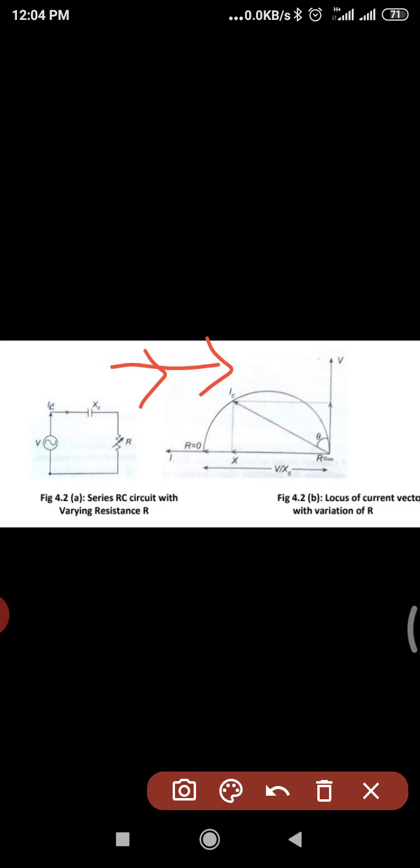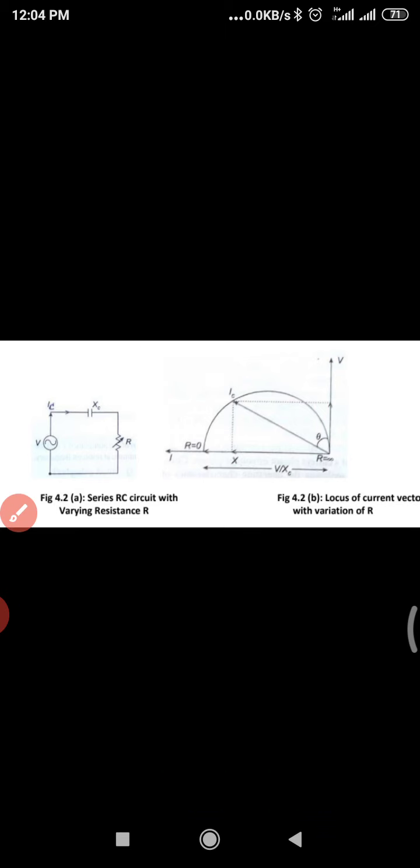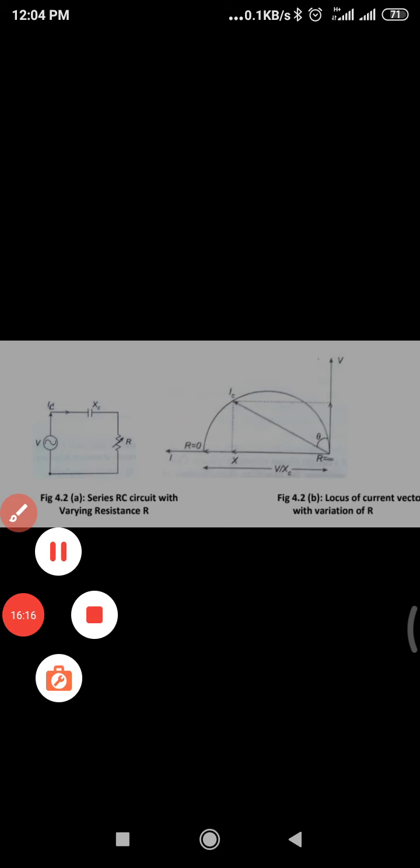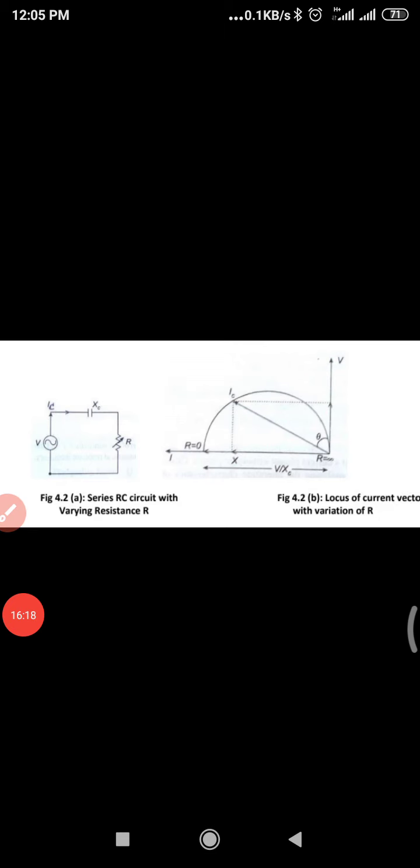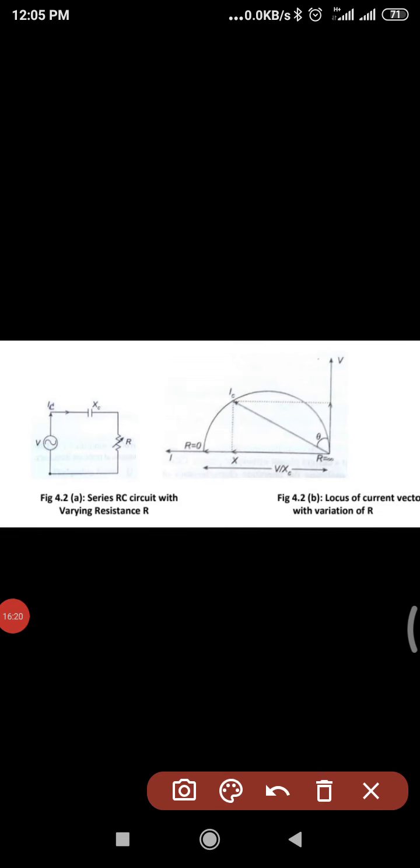So here we are considering an RC circuit with variable R. That means resistance R is variable and capacitance C is fixed. Let us see how the locus diagram exists for an RC circuit with variable R.